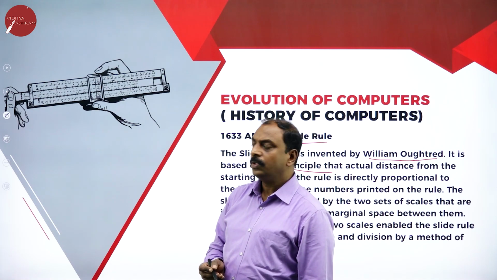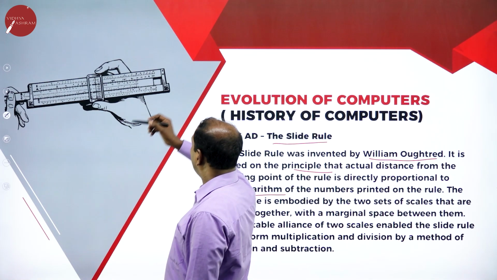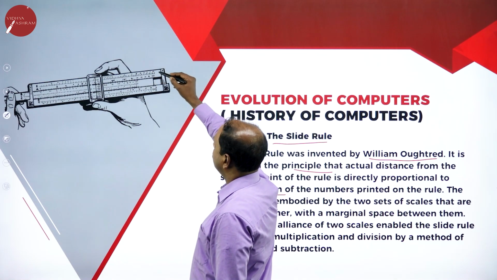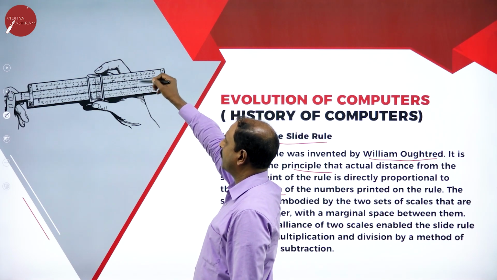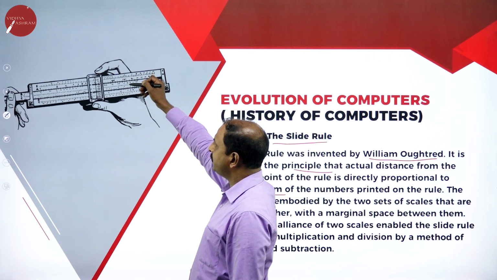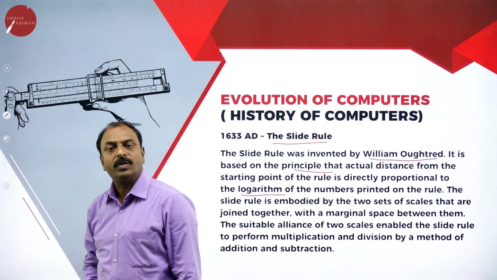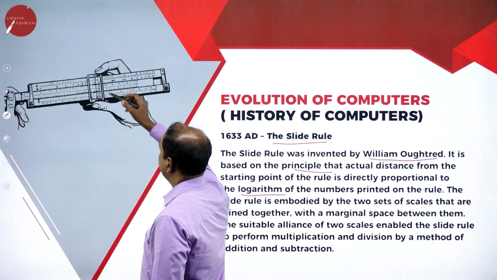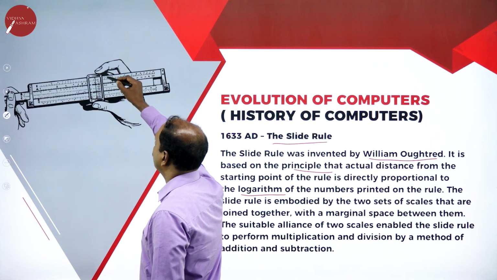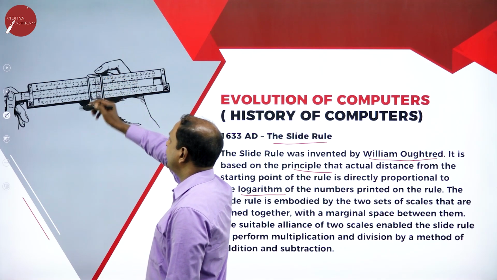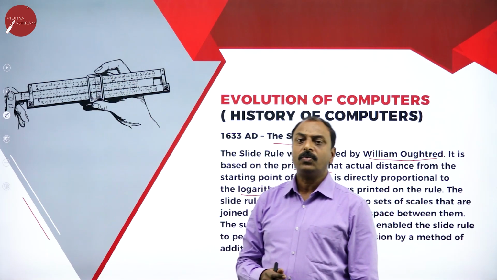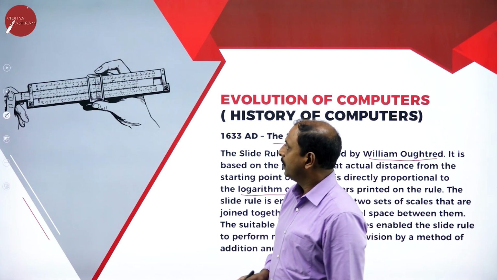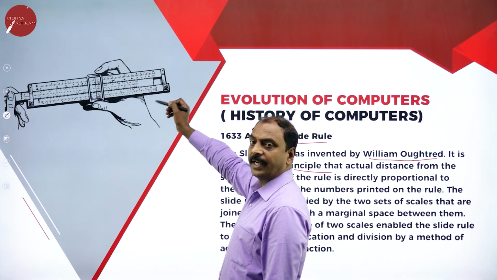This slide rule is made up of 2 scales, one fixed over the other, and here you can find a small window, a small gap, to read the result of any calculation. Why do we call it a slide rule?